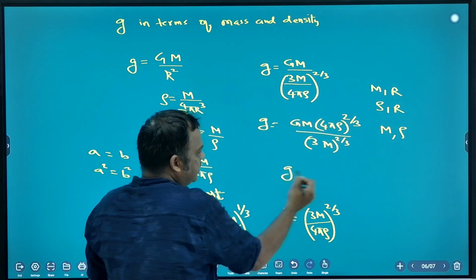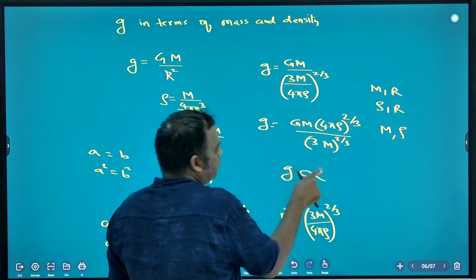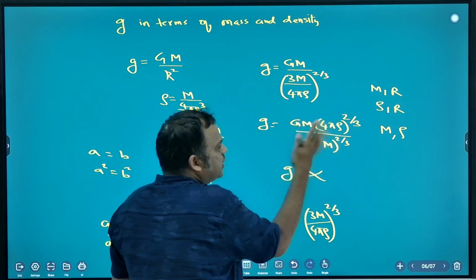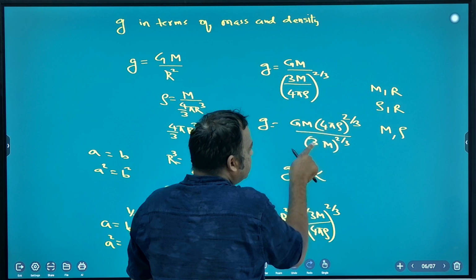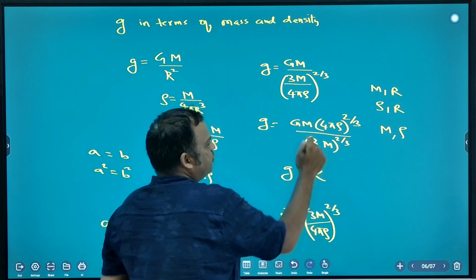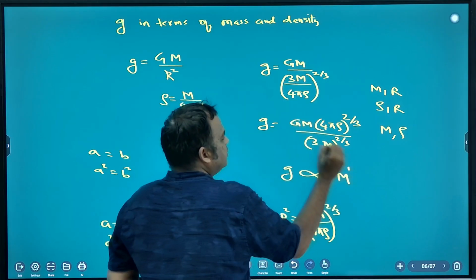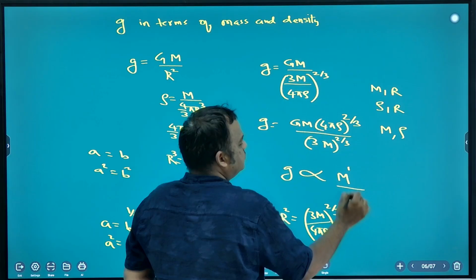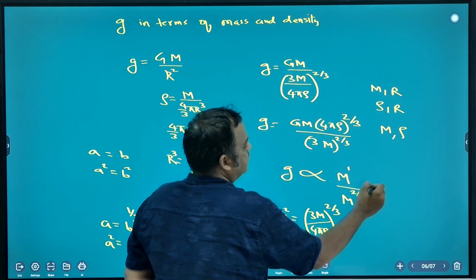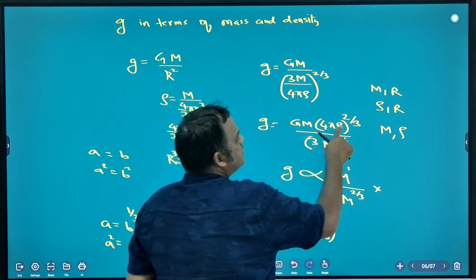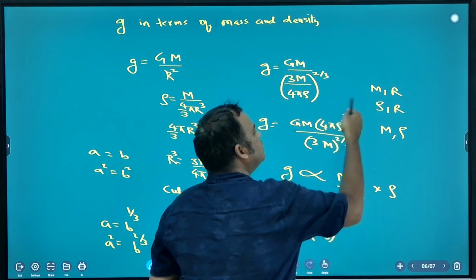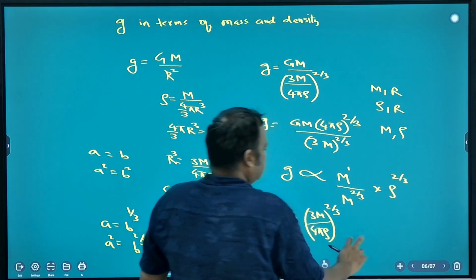You tell me what is the combined power of m. Now, proportionality, the constants G, 4 pi, 3, I am ignoring. So what is the power of m? Numerator, what is the power of m? 1. Denominator, what is the power of m? 2 by 3, into density. What is the power of density? 2 by 3. Now you solve this.